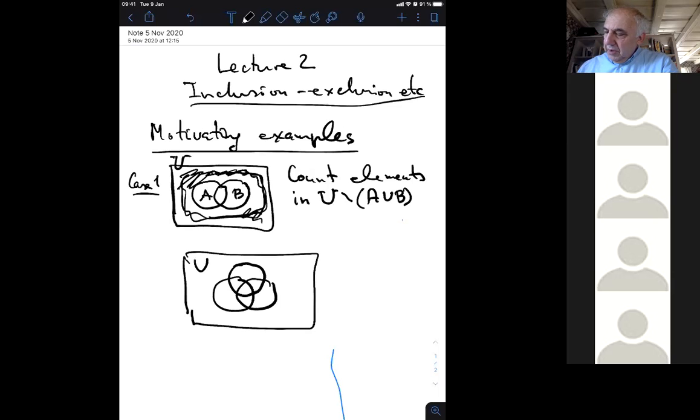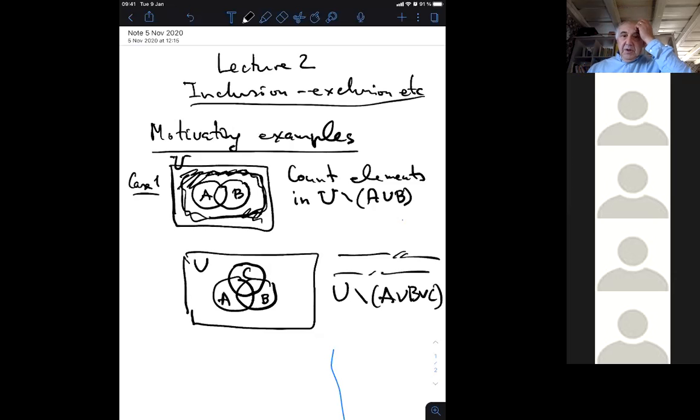We want to count the elements in U minus A union B union C. So let's solve the first simple case by hand, and we can work on some specific example a little bit later.